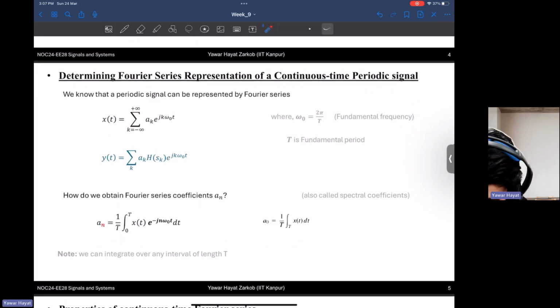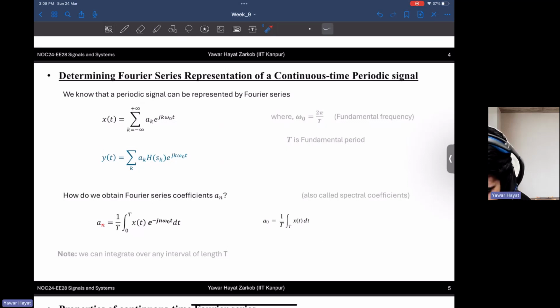Now, determining the Fourier series representation of a continuous time periodic signal. We know that a periodic signal can be represented by a Fourier series like this, where omega naught is the fundamental frequency and is equal to 2 pi by T, where T is the fundamental time period.